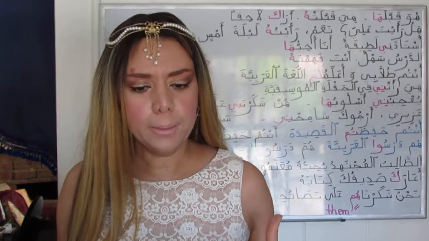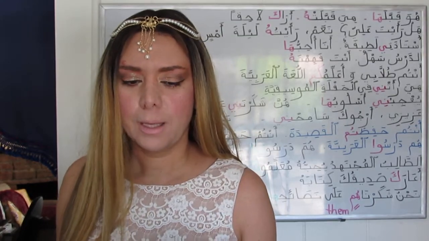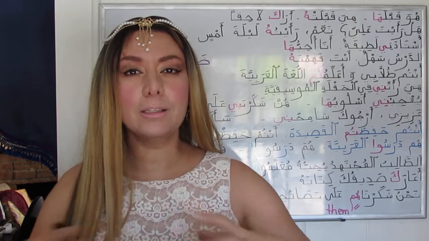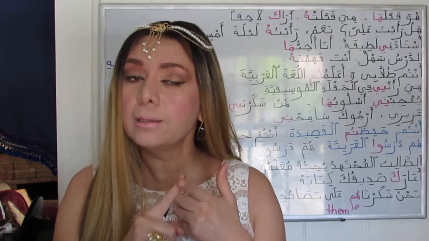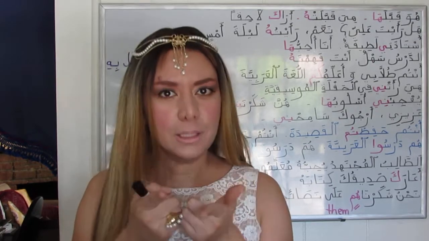Object pronouns, ضمائر المفعول به, are used instead of object nouns, usually because we already know what the object is. It makes the sentence easier to read and understand and avoids repetition.